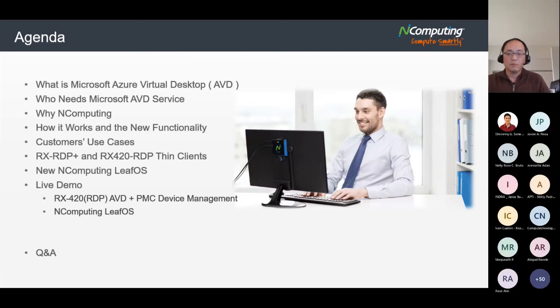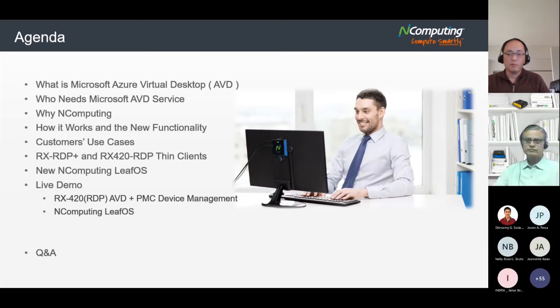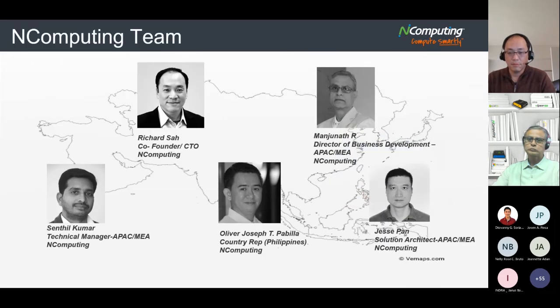Now, in our presentation, we'll be presenting why NComputing, our depth and partnership with Microsoft, how our solutions will work, the new functionalities, the customer use cases, a couple of our thin client models that will work seamlessly with Microsoft, and our exciting new product, which we call Leaf Operating System, which I will be presenting later. At the latter part of our presentation, we will see a live demo to be conducted by our colleague, Mr. Sentil.